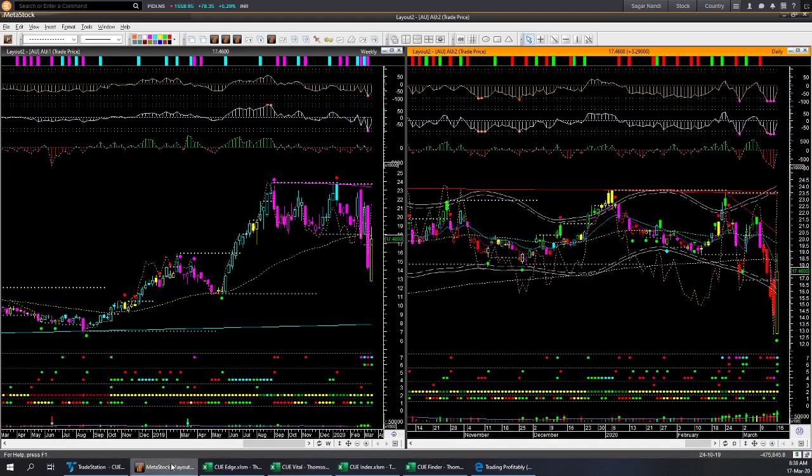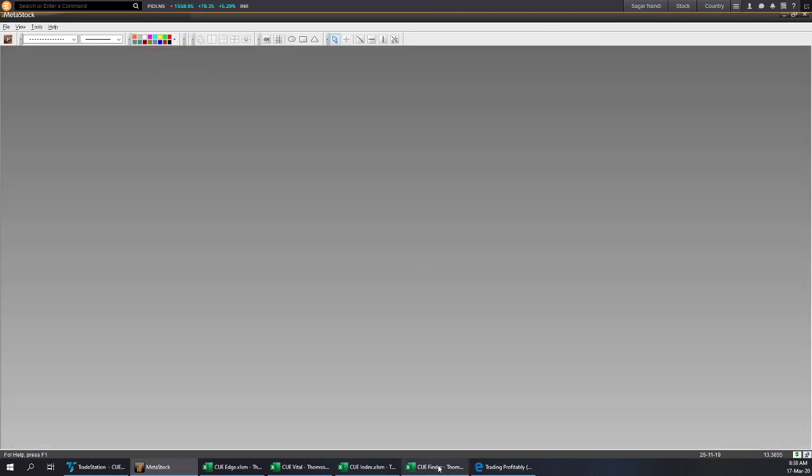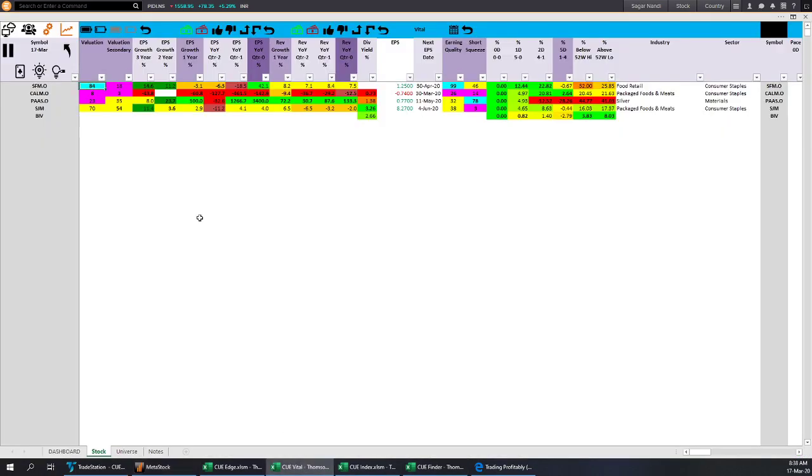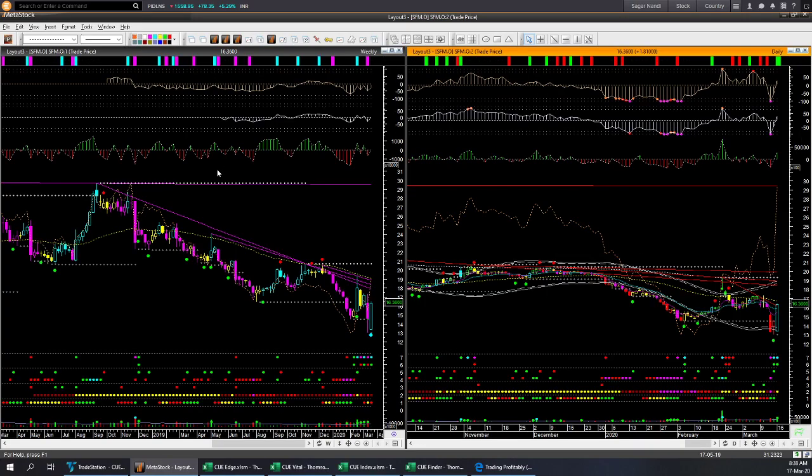So what I want to do, I want to open this. Before opening a chart, I should close the earlier charts and go to QVital. Now again click the chart icon, they are integrated together. It is going to open with my default template, and SFM is giving me an interesting chart. Why interesting?